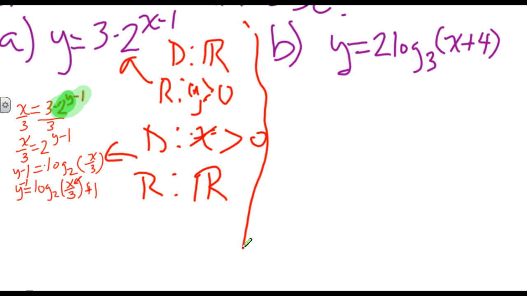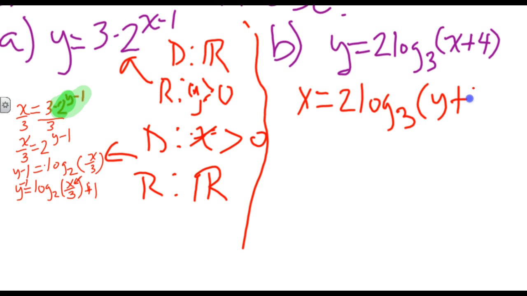In example B, I've got y equals 2 times log base 3 of x plus 4. That's a log function. So the first thing I have to do is switch the letter x with y. I get x equals 2 log base 3 of y plus 4. Now again, I need to isolate the log expression so that I can rewrite this problem in exponential form.